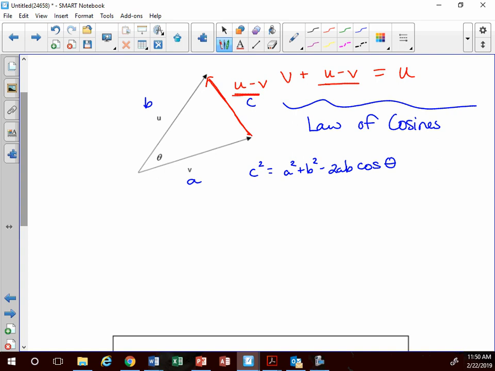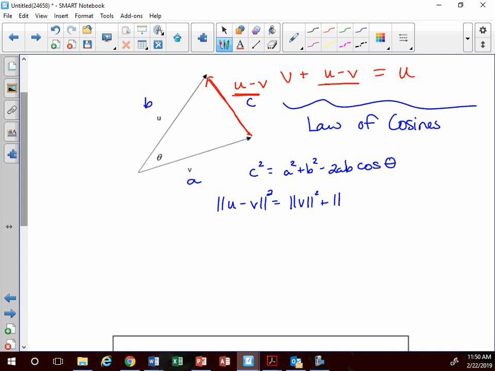We're going to go back in now and substitute with vectors. So c squared, that's just the magnitude of this side, u minus v, that vector, squared. A squared is really the magnitude of v squared.